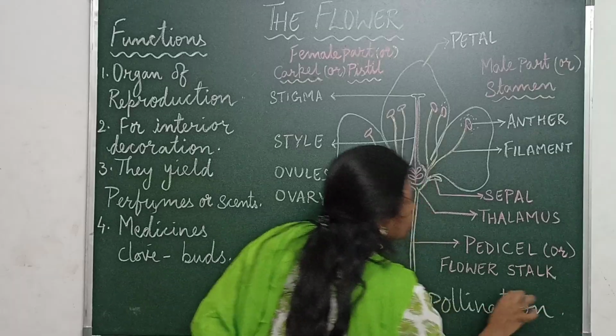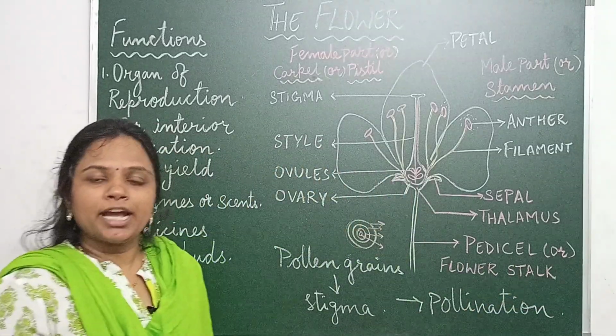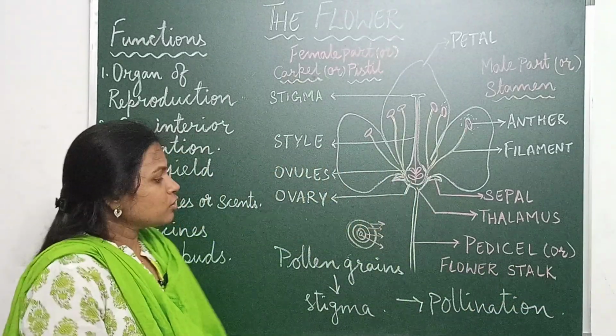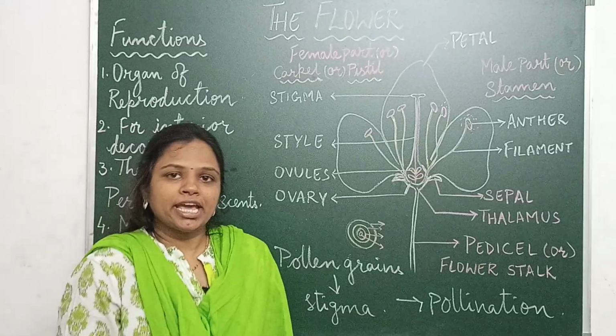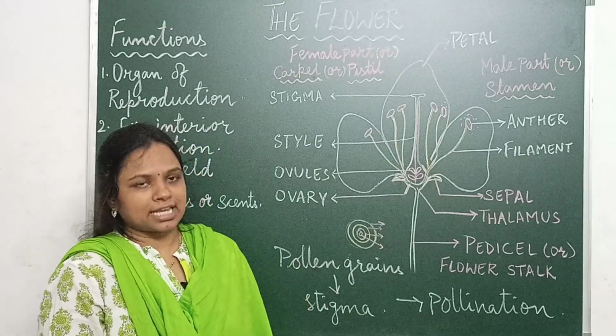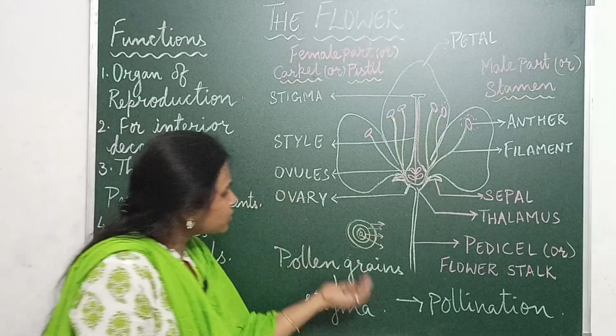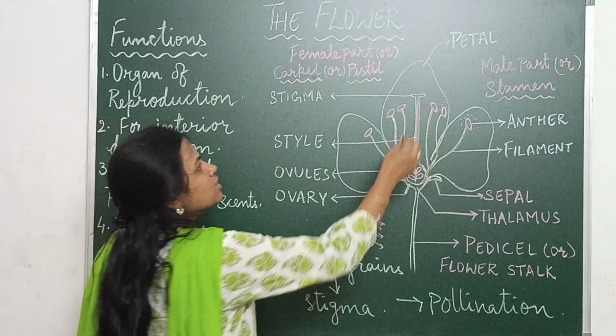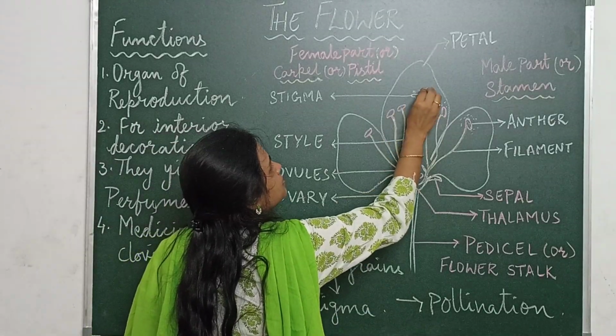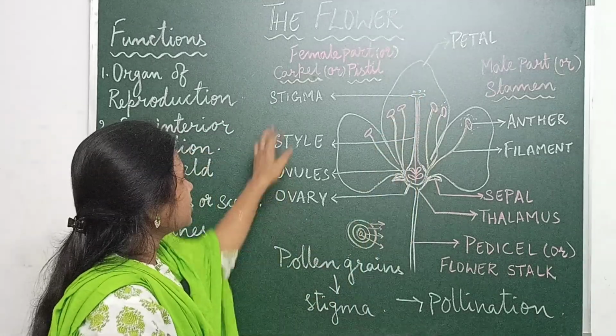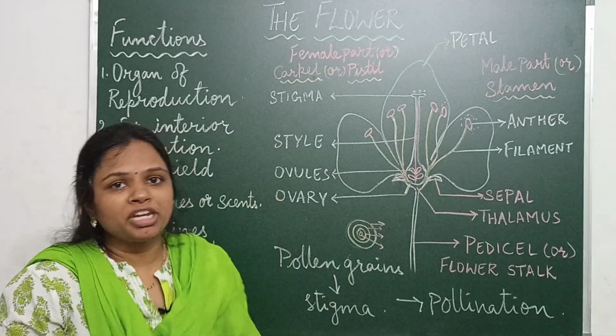This pollination process is brought about by different agents. Those are called pollinating agents. Mainly it is insects, right? After pollination, once the pollen grain reaches the stigma, it starts germinating.